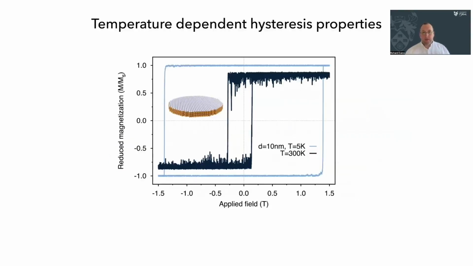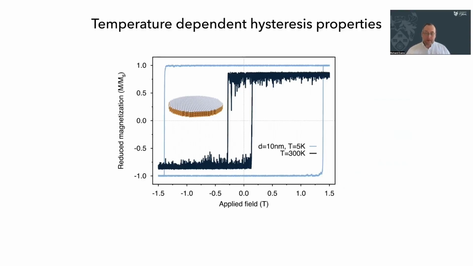So one of the things you can do with atomistic models, because you have temperature effects involved naturally, is do temperature-dependent hysteresis loops, which allows you to look at how the system responds to an external field, but also how the fundamental properties like coercivity change as a function of device size and temperature, and of course field weight.